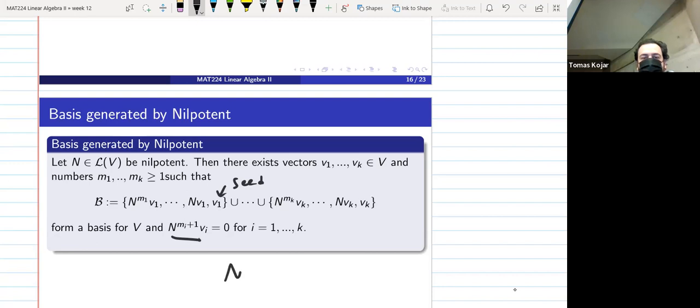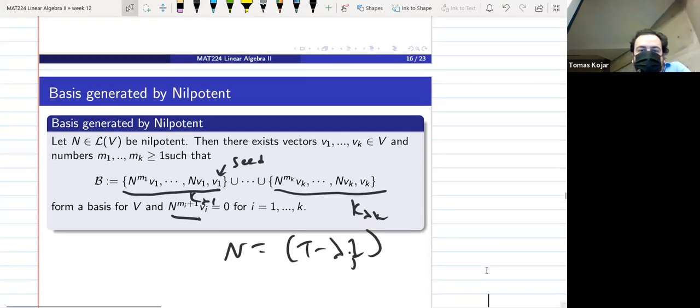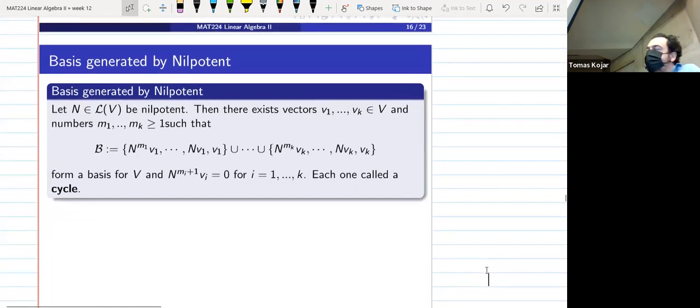N here will be like you said, it will be T minus lambda_i I, so each of them will be the basis for the generalized eigenspace. Like this would be for lambda_1 up to lambda_k, and you put them together. So I'm building you the basis for the generalized eigenspace for each of them. And these are called cycles. So that's the name of them.